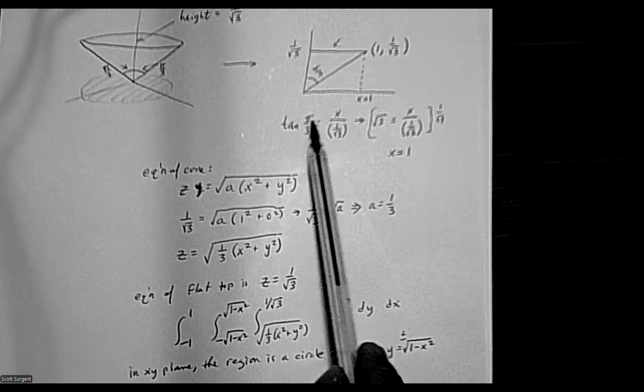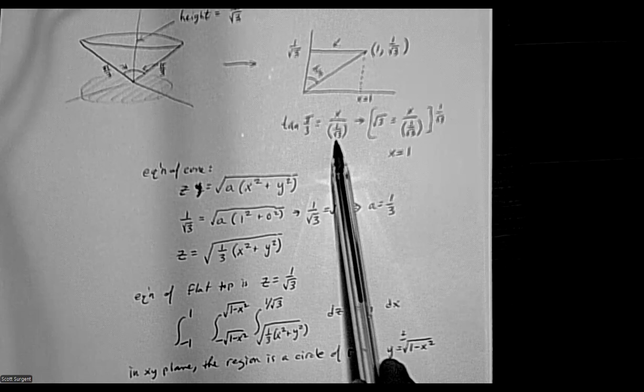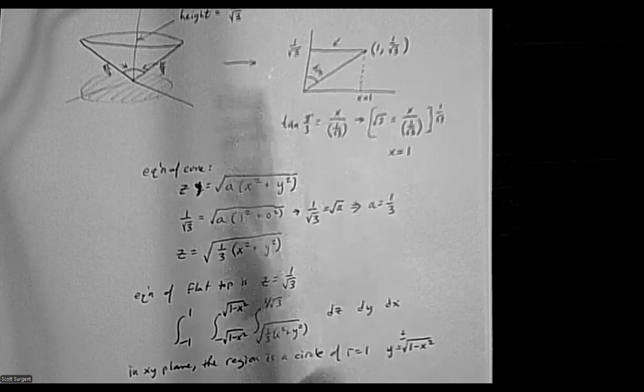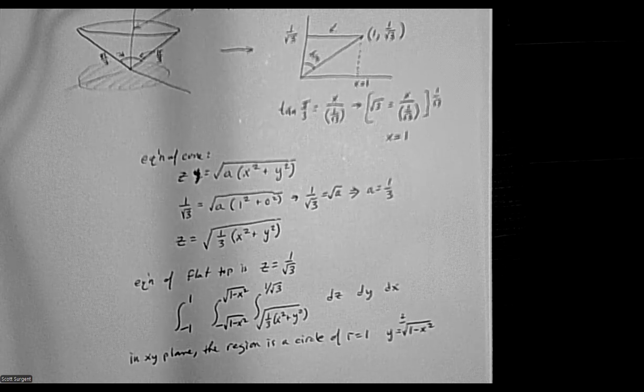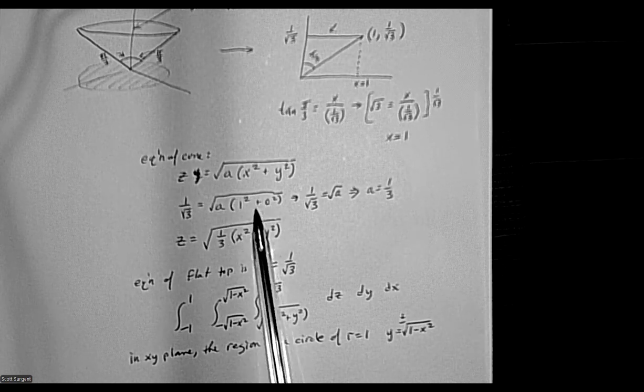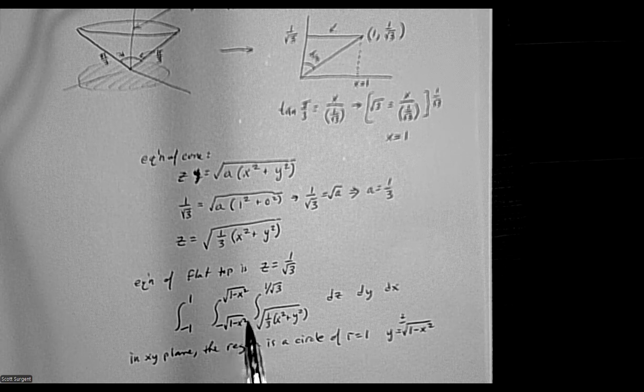So tangent of pi over 3 is opposite x over adjacent, which is 1 over rad 3, and I just work it out. It turned out to be 1, so I'm happy with that. Once I've got that, I've got pretty much all I need to generate the equation of the cone, and then, of course, the circular shadow that it creates on the XY plane. Does that help? Yeah. Okay.